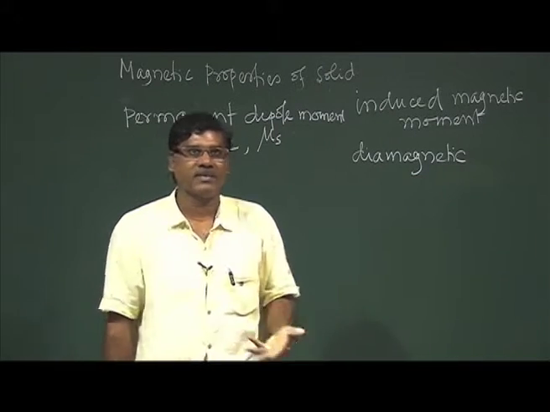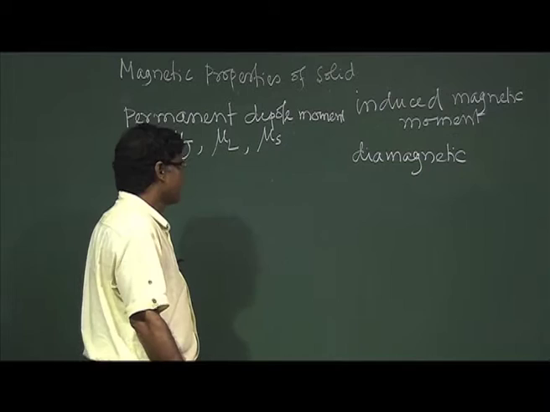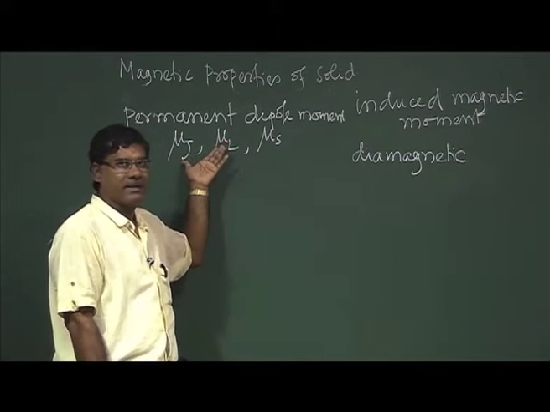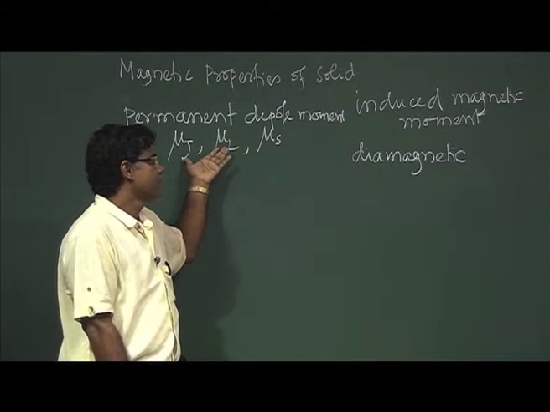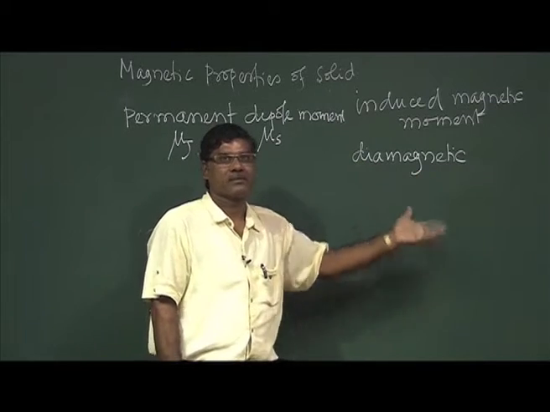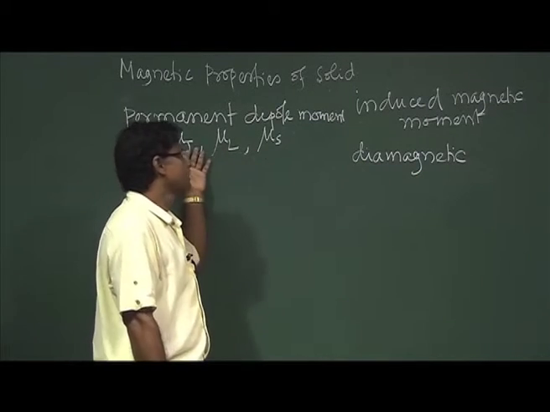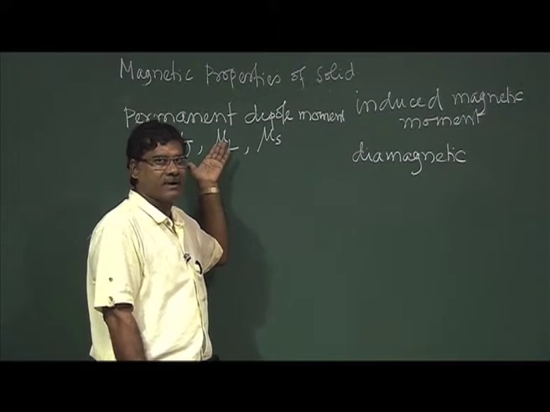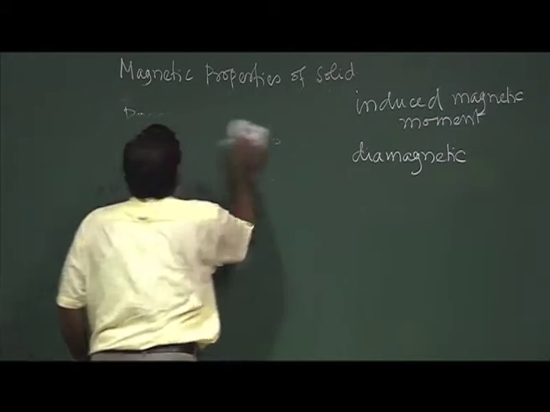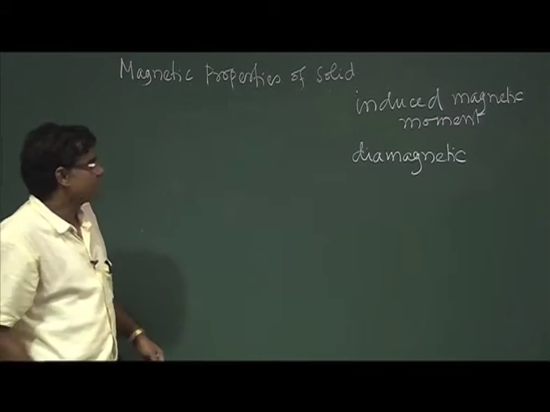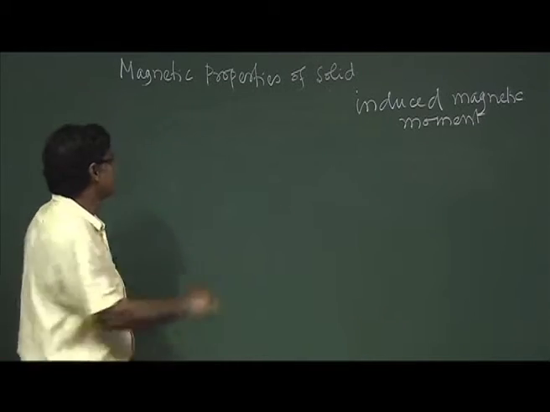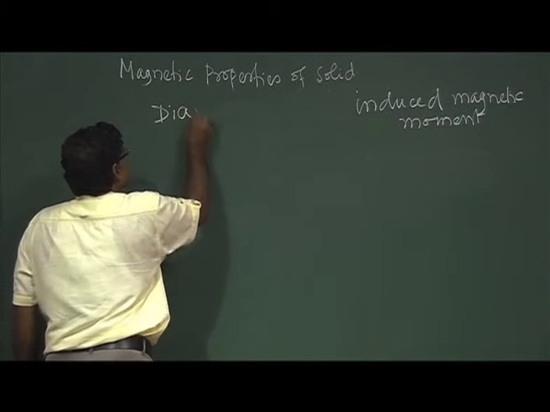Only the magnitude can be different. In materials with a permanent magnetic moment, this effect is negligible compared to the other effect. Today I will discuss diamagnetism, which is based on the induced dipole moment.